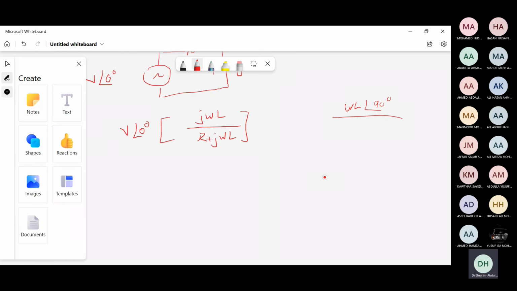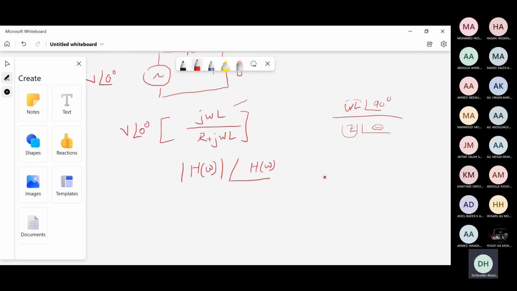And here R plus J omega L, you will get Z angle some theta. Then we divide this one by Z, so we will get the magnitude. Let me name it as H of omega magnitude. Also, it is 90 minus theta, which is the angle of H.